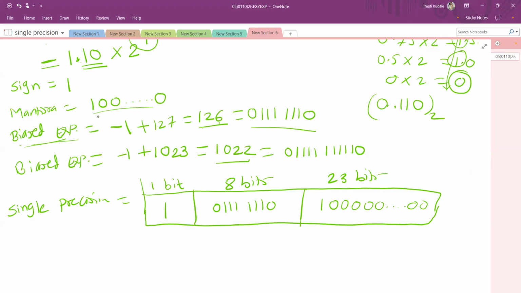And if I want to represent the same in a double precision format, first will be my sign bit. This is again 1. 11 bits are my biased exponent. So this will be the biased exponent in case of double precision.